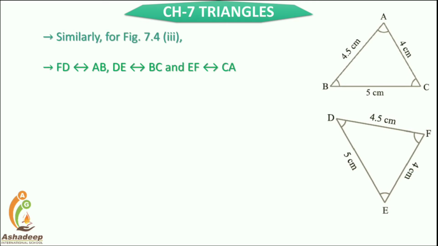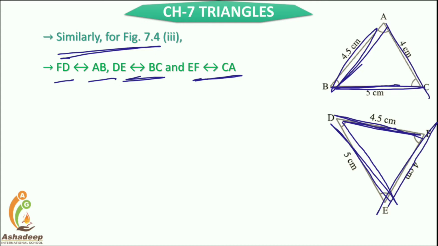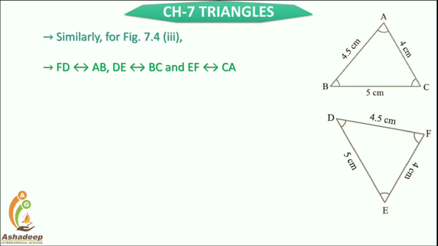Now in this figure, similarly, FD corresponds to AB. DE corresponds to BC, and EF corresponds to CA. Okay, now I'm showing you something.